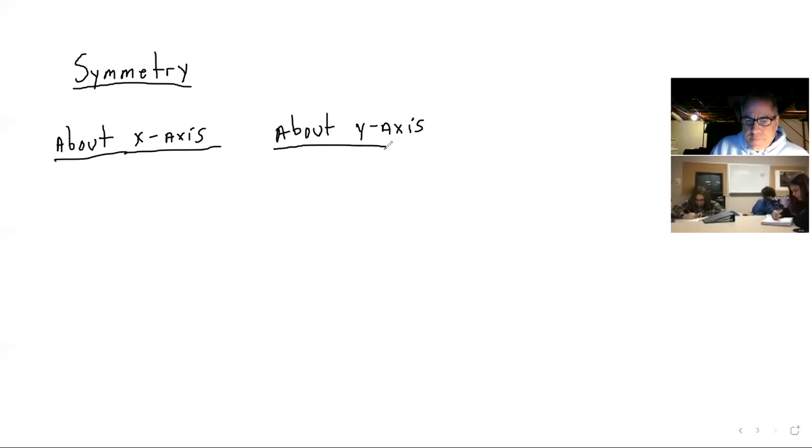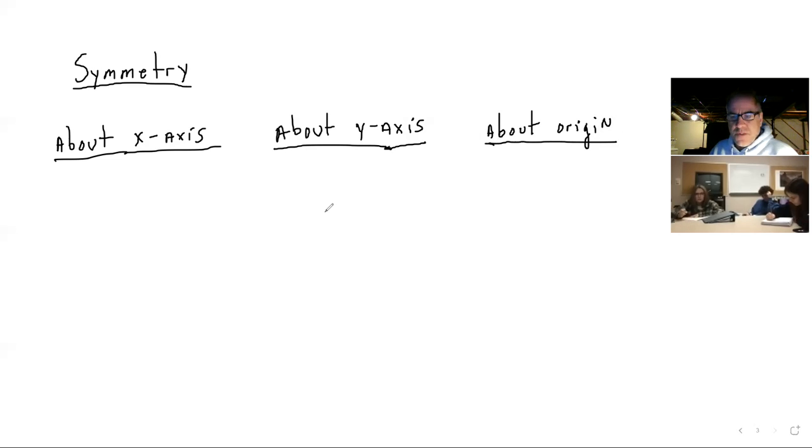In those cases, we are looking at a line of symmetry. But we're also going to look at one more thing in symmetry, and that is about the origin. That is (0, 0). So it's 1 point. So these are going to be the 3 types of symmetry we're going to look at.